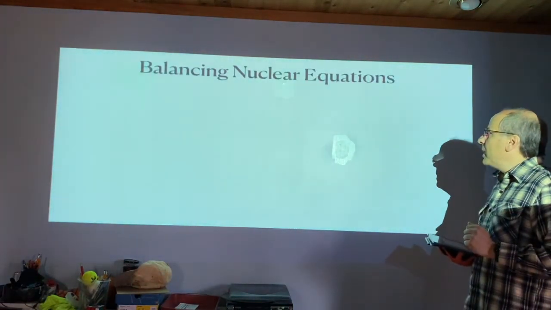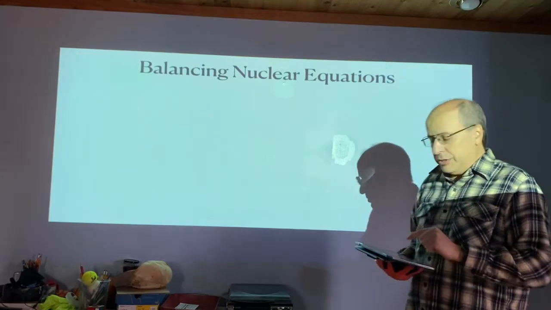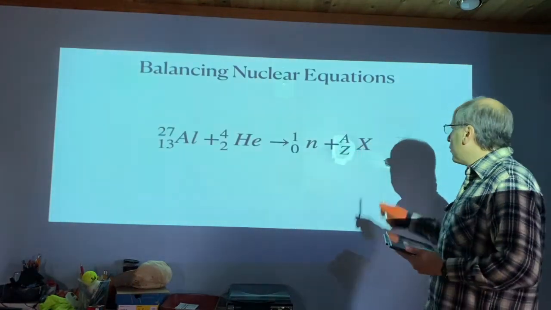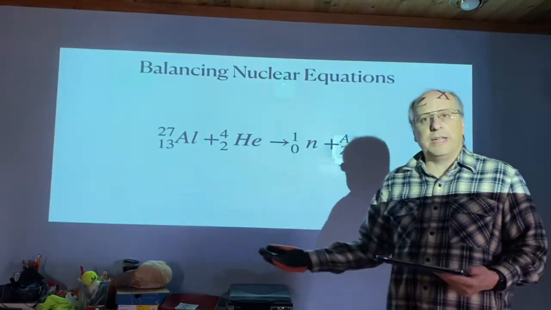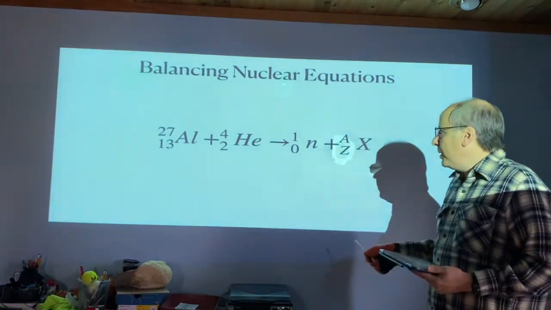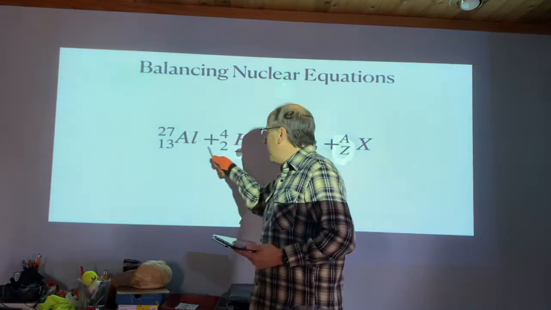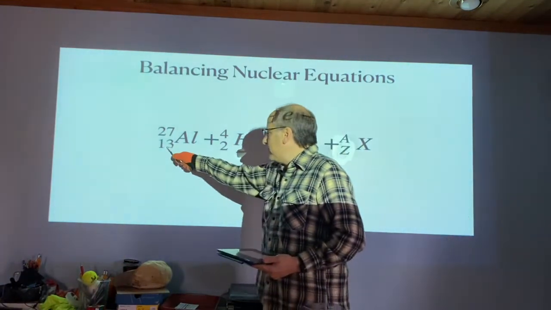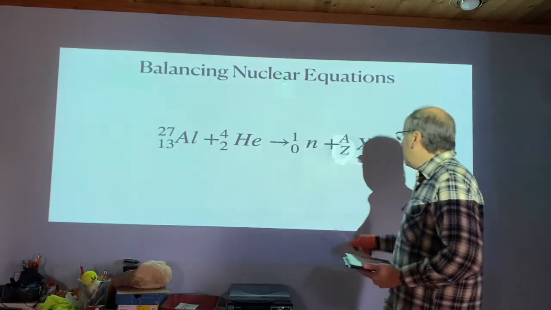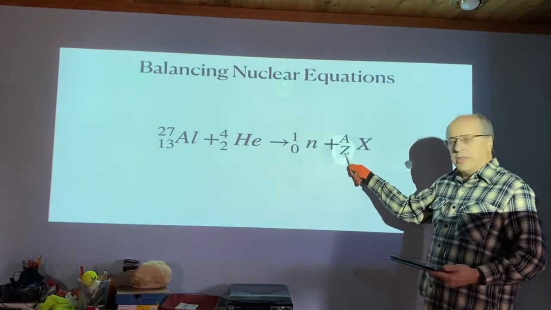Okay, then we want to look at balancing nuclear equations. And when you're trying to figure out what a particle is as a product or even as a reactant, the rule is that your atomic numbers, which are actually your charges, have to balance. 15 on this side means we need 15 on this side.